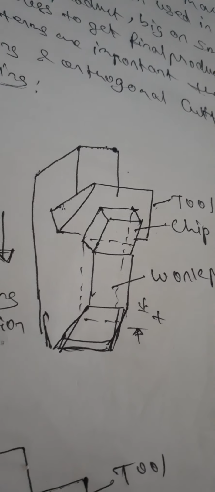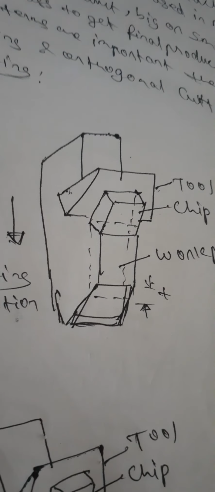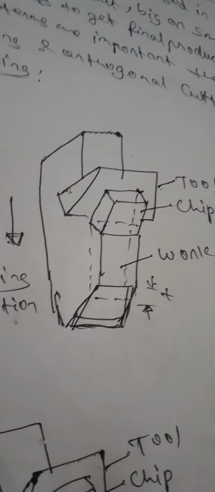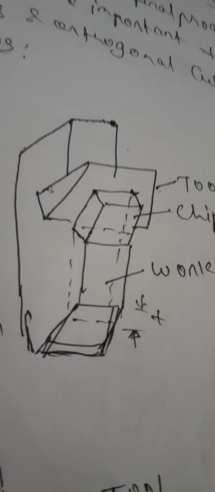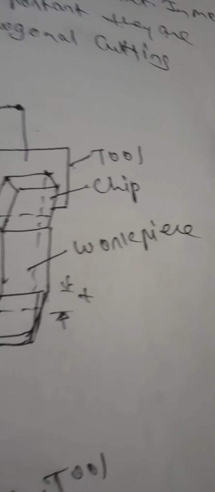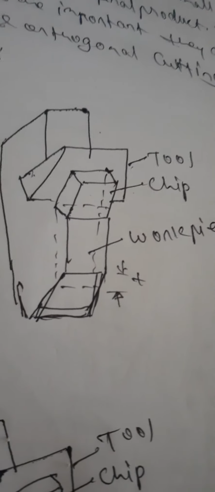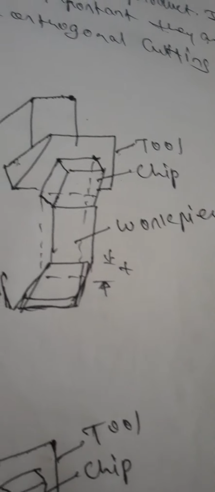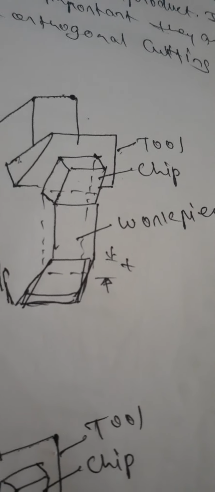So we'll compare orthogonal cutting and oblique cutting here. In orthogonal, the cutting angle makes a right angle to the direction of the motion. In oblique, the cutting angle of the tool does not make a right angle to the direction of the motion. In orthogonal, the flow of chip is perpendicular to the cutting edge, and in oblique, the flow of chip is not perpendicular to the cutting edge.